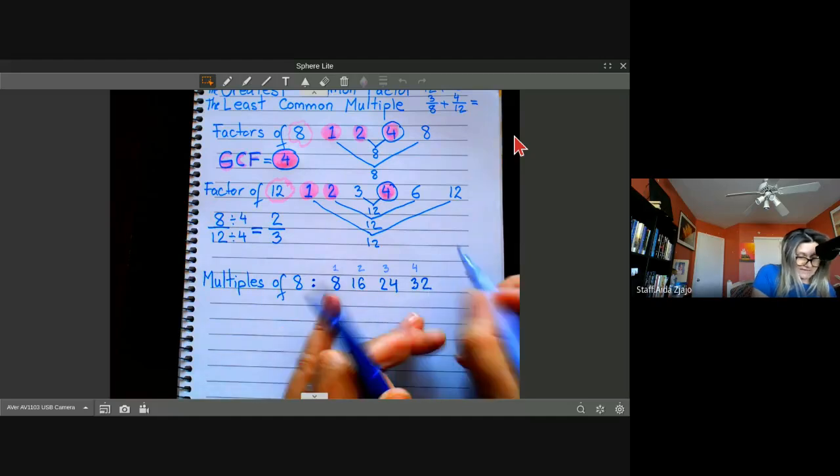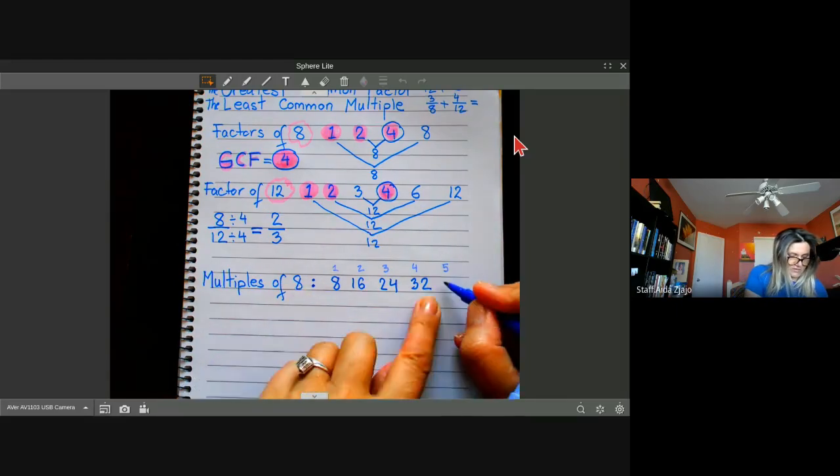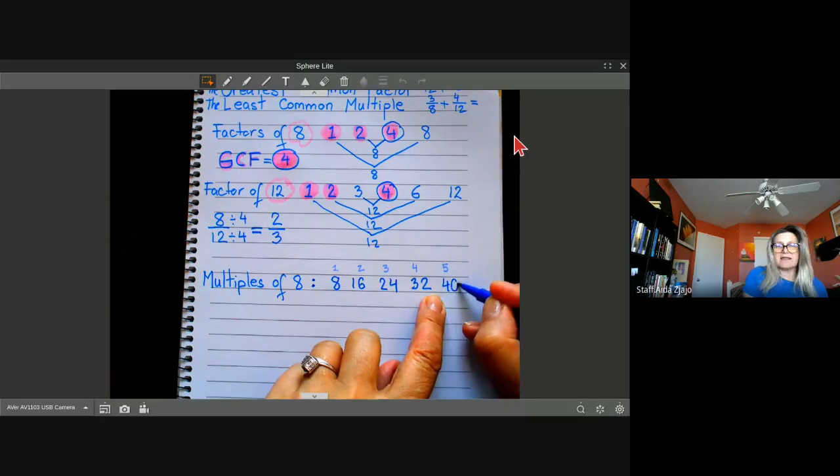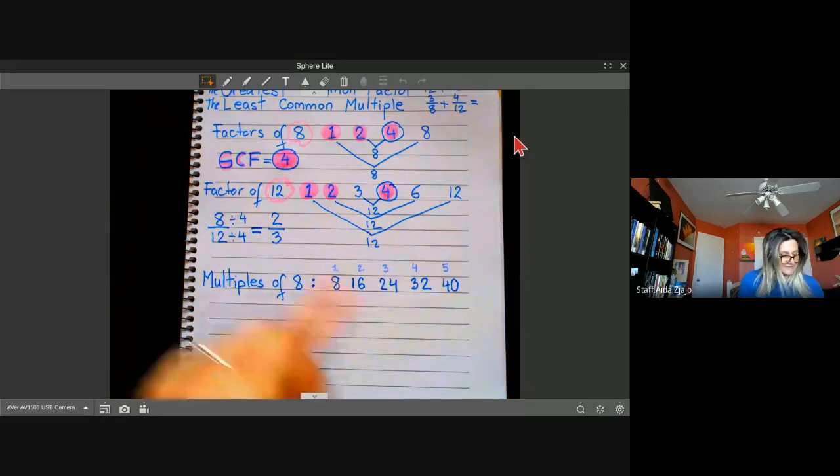Who knows what 5 times 8 is? Come on guys. 40. 5 times 8 is 40. That's right. So these are the first few multiples of 8.